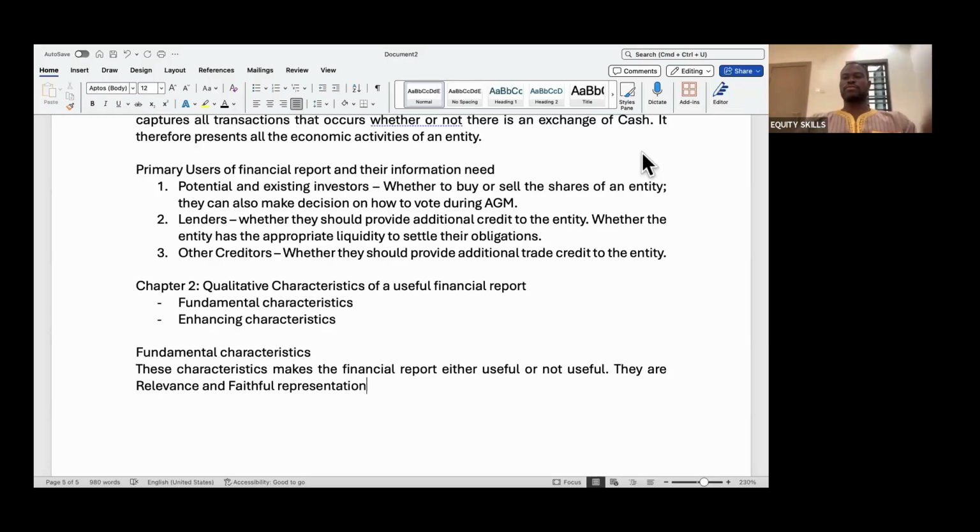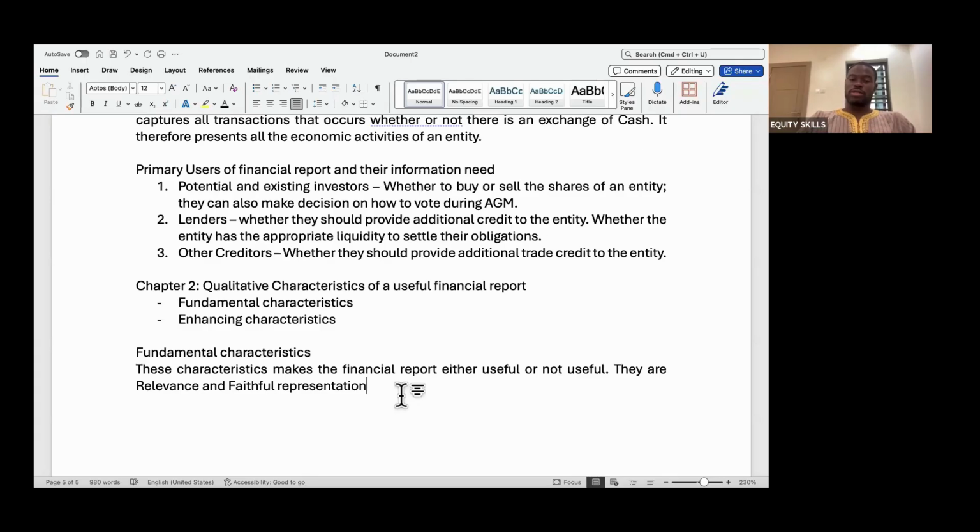If a report does not have these attributes, then that report is not useful. As simple as that. It's either you have it and be useful, or you lack it and you are not useful. That means it is a fundamental characteristic, as its name is presented.